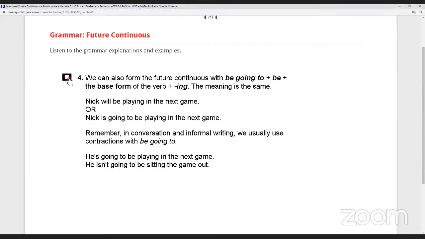We can also form the future continuous with be going to plus be plus the base form of the verb plus ing. The meaning is the same. Nick will be playing in the next game.